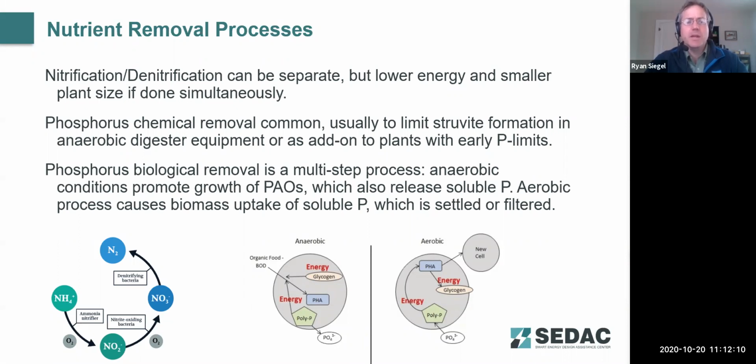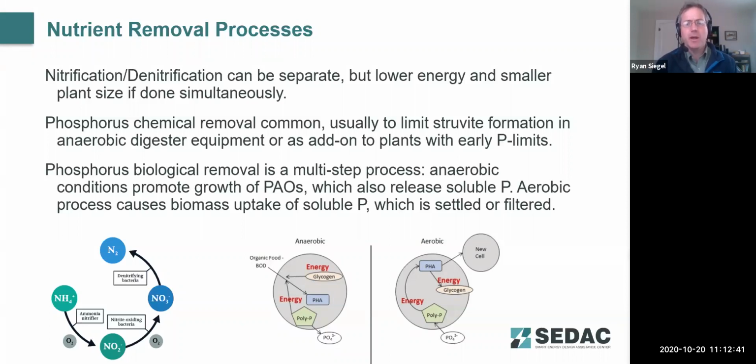For phosphorus, chemical removal through chemical additions is more commonly used. Particularly this is for struvite formation, to make sure that we're precipitating phosphorus where we want it to be, and not that it just happens to fall out inside of our equipment where we may not want it to be.